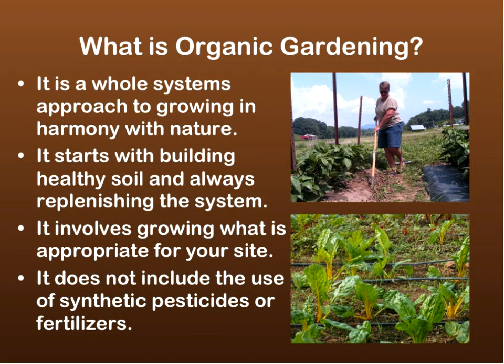So how do we explain what organic gardening is and keep it simple? I think probably the easiest way to do this is just talk about organic gardening as being a whole systems approach to growing our food as much in harmony with nature as we can, which means there's also a little bit of give and take.